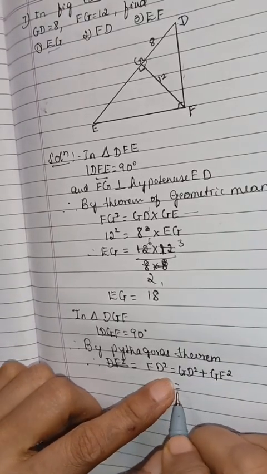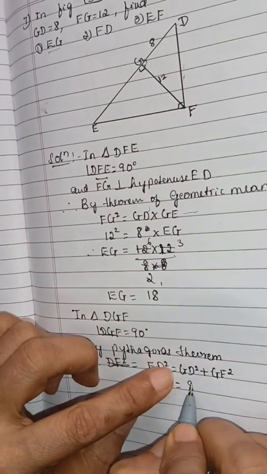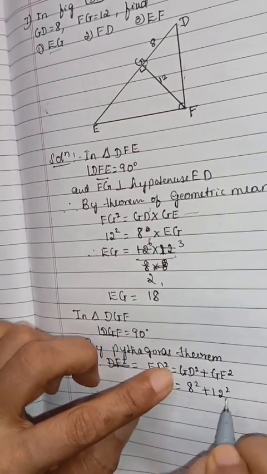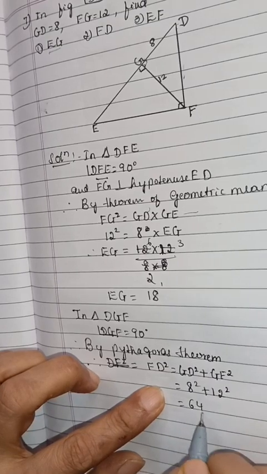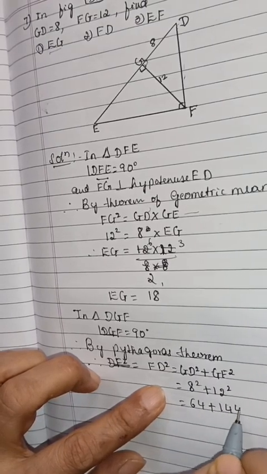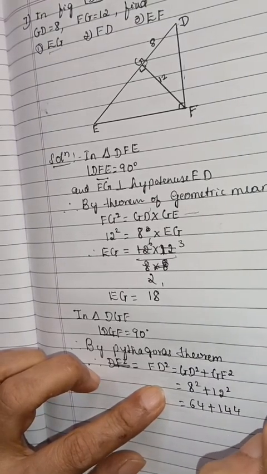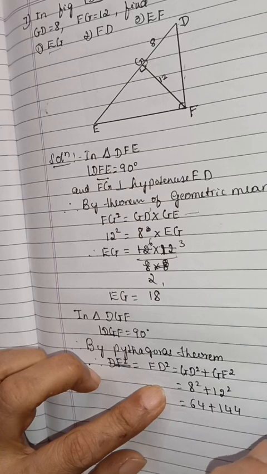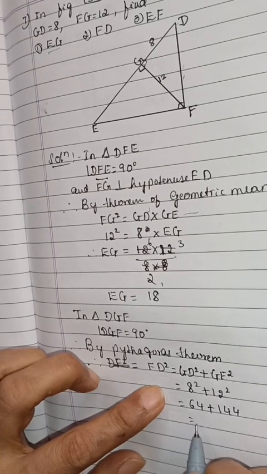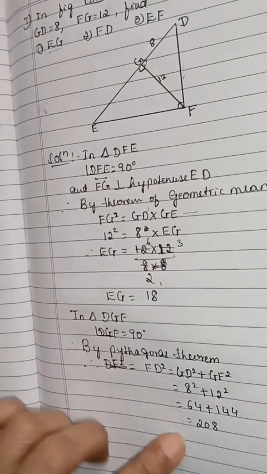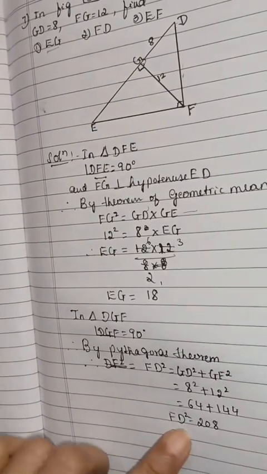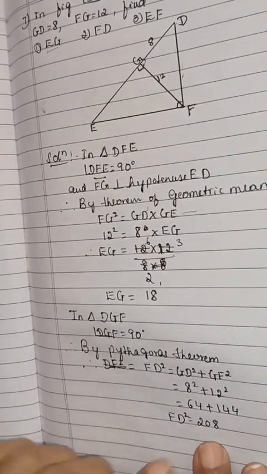FD we have to find out. GD is 8 square plus GF square is 12 square, that is 64 plus 144, 208. This is FD square, FD square is 208.